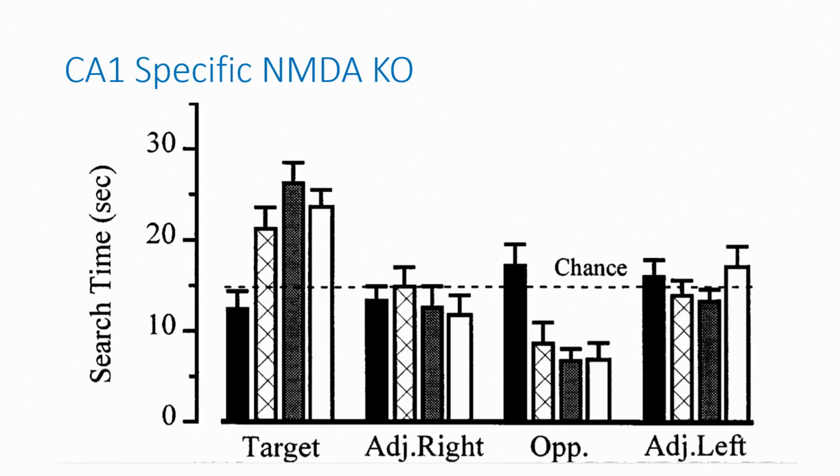What we are plotting here is the search time in the probe trial, and we are asking how much of the time the mice are actually spending in each of the quadrants. I want to draw your attention to the black bars here.